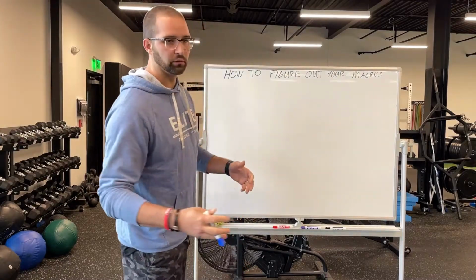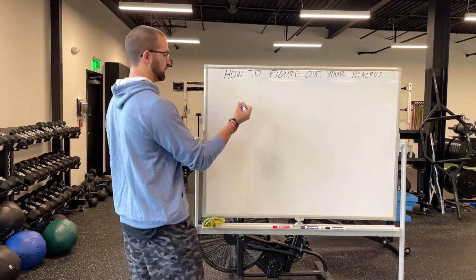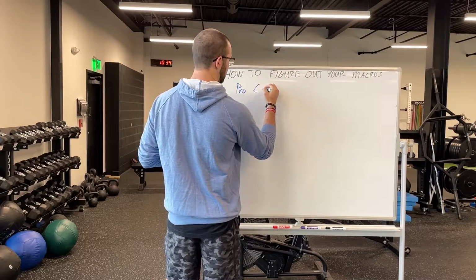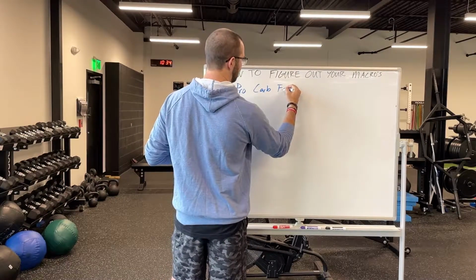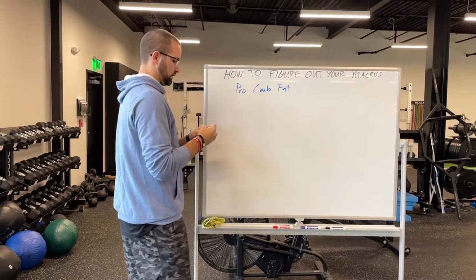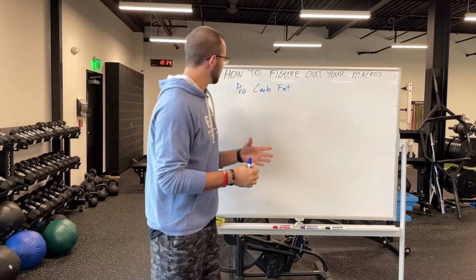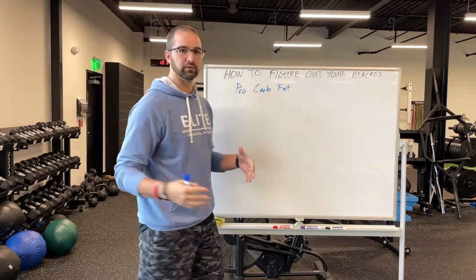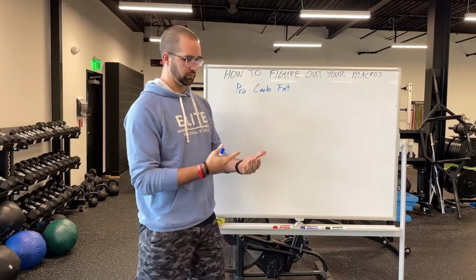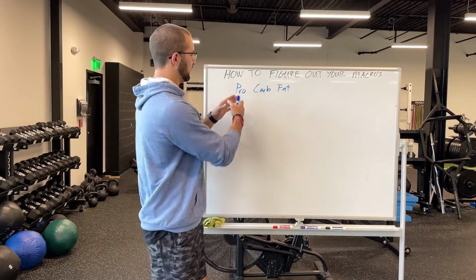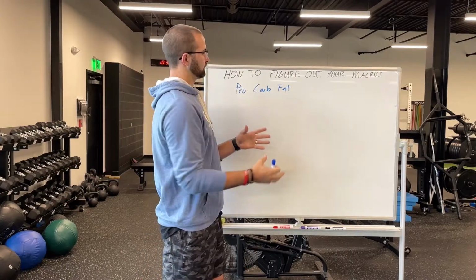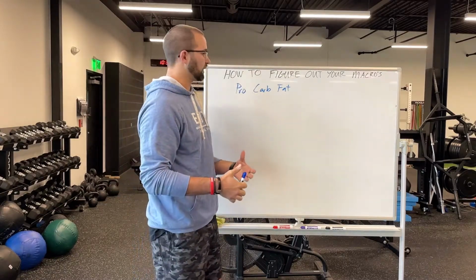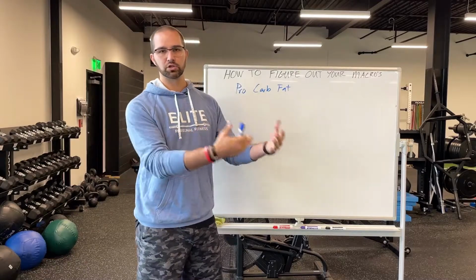Now, macros are your macronutrients. Your macronutrients are protein, carbs, and fat. Figuring out your macros is finding the correct balance based off of what you're looking for, based off of the body composition that you want to have, how you would increase, decrease, or keep them the same, or how many grams you would have of each to reach a certain goal.